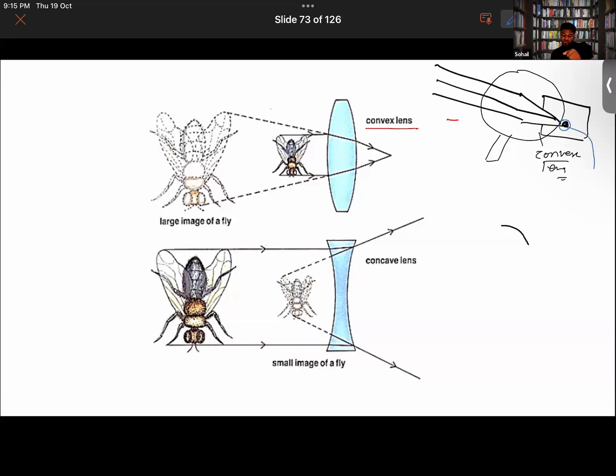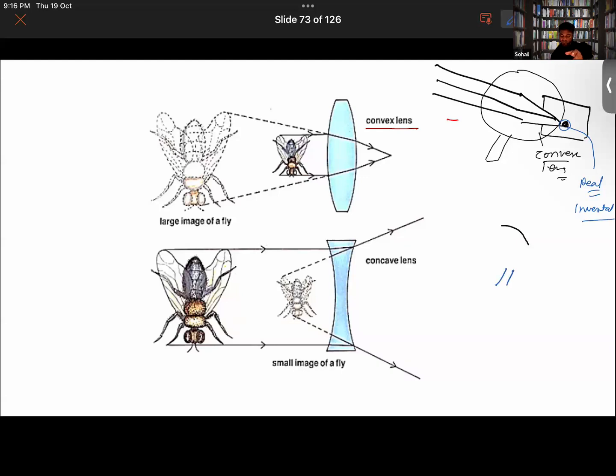That is the image of the sun, a real image because you got it on the paper, and it is inverted, since the object is placed at a great distance. As the object is moved close to the lens, the image will be virtual.